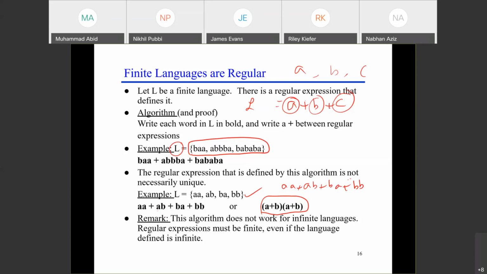But this method will not help you when your language has infinite words, because you cannot write all possible words. This is only possible when your language is finite and has limited words. Then you can use this method to write the regular expression.